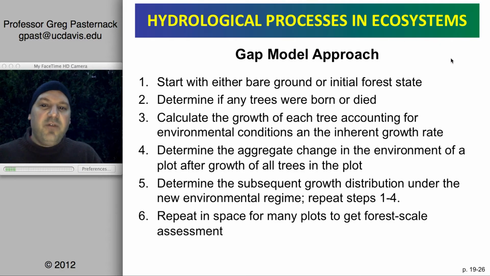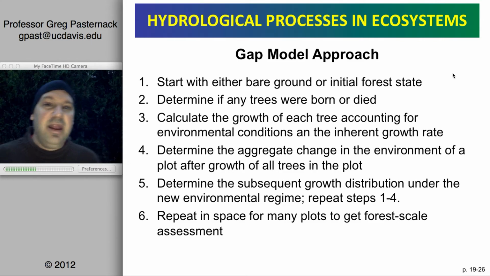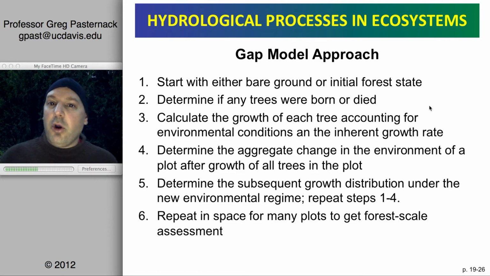The basic workflow is that you're going to start with bare ground or just an initial forest state that may not even have a gap. You're going to determine whether any trees were born or died, and of course if they're dying, then they're creating a gap. Then for every tree, you're going to have the growth of the tree as a function of environmental conditions and the effects of other trees on that tree.